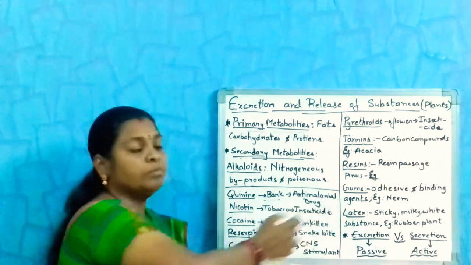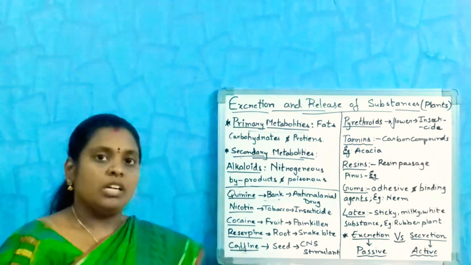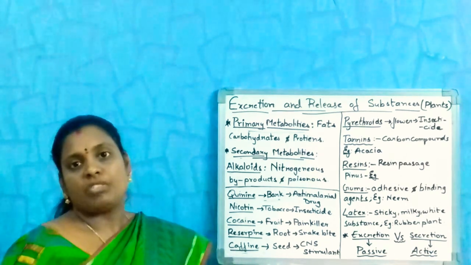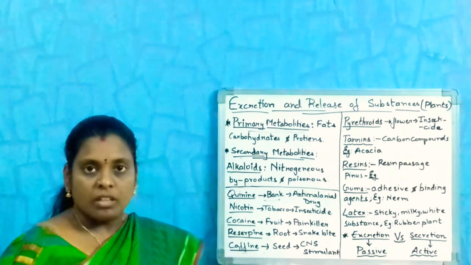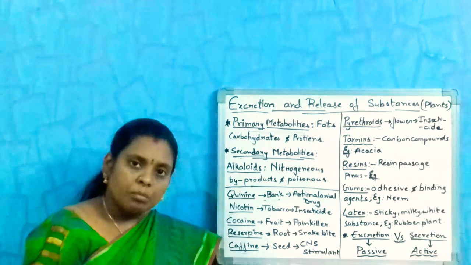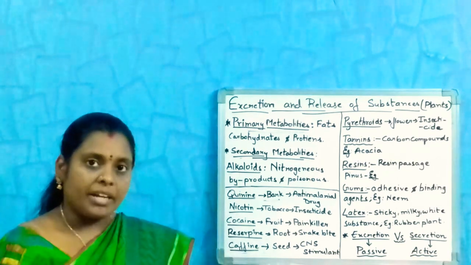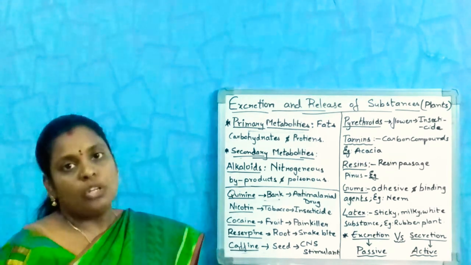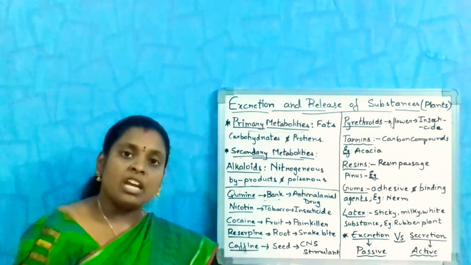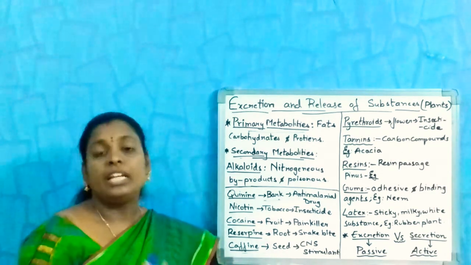Next one is the gum. Gums are a watery, milky white substance. They are excreted from the bark or stem of the plant. There is no use of this substance for us, but it is helpful for the plant in healing.